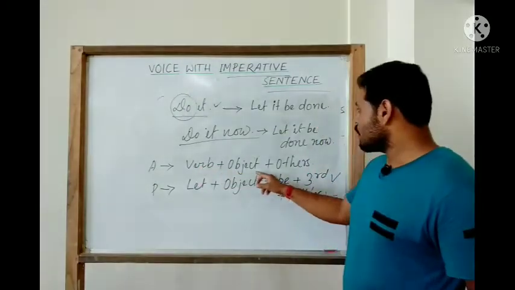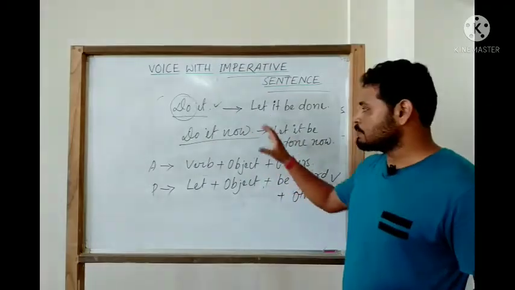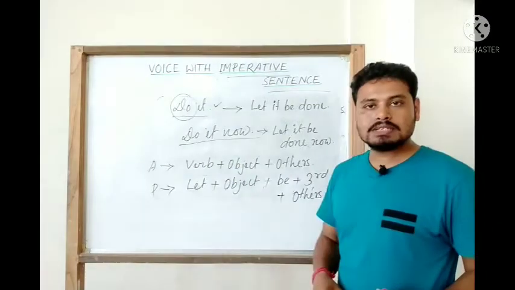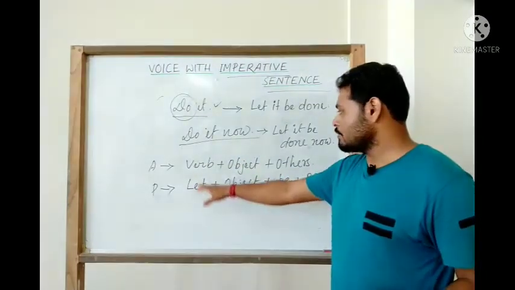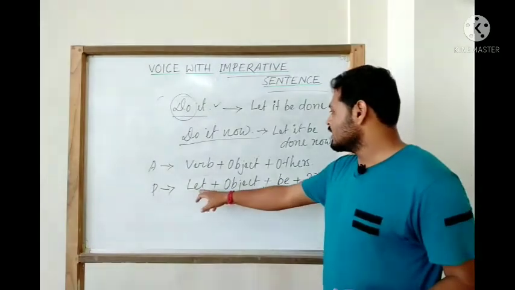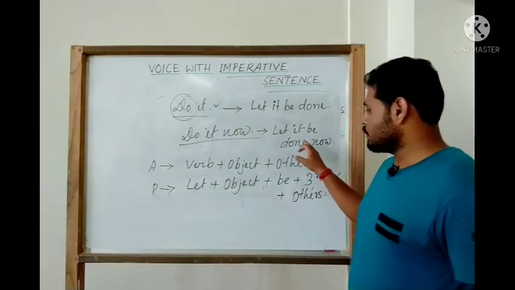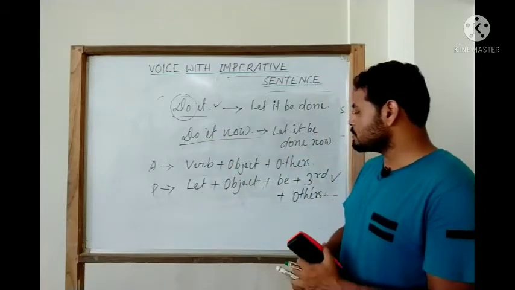So a verb, object, others: do it now. This is one imperative sentence starting with a verb having an object with it. So while changing this to passive, we have to use a let like this. Let it be done now. So let, then it means the object here.